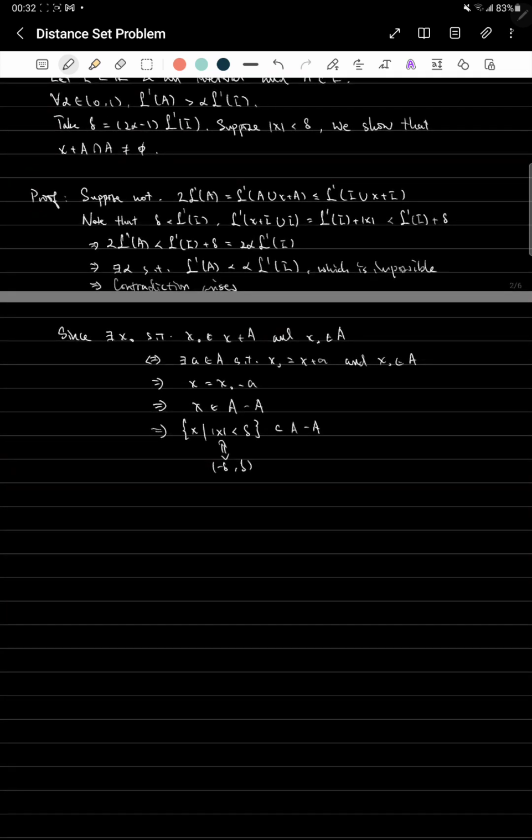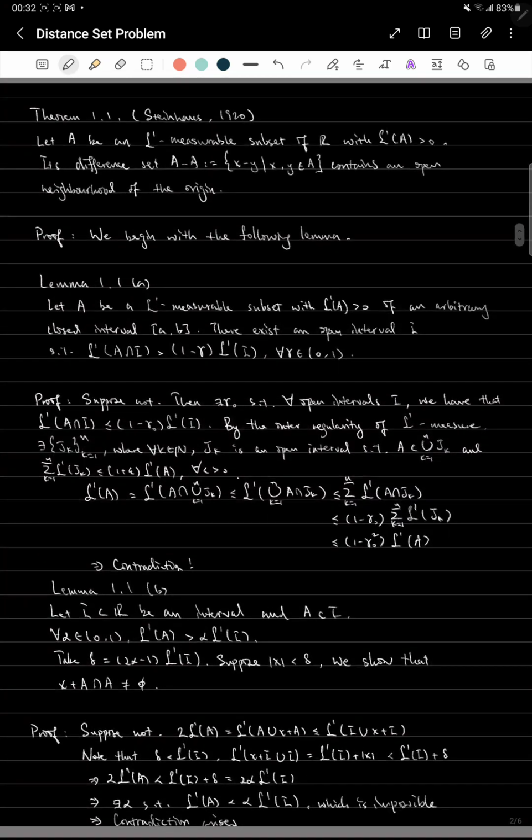And that is the proof of the classical Steinhaus theorem.